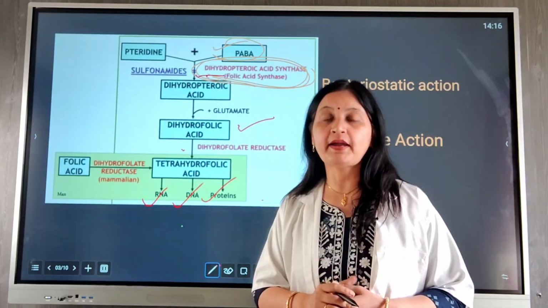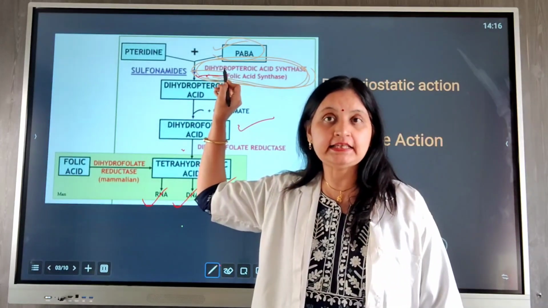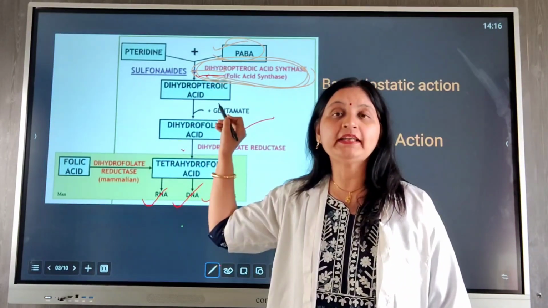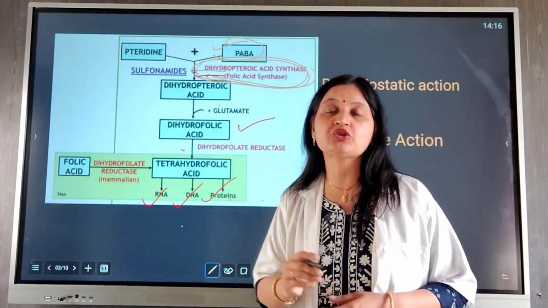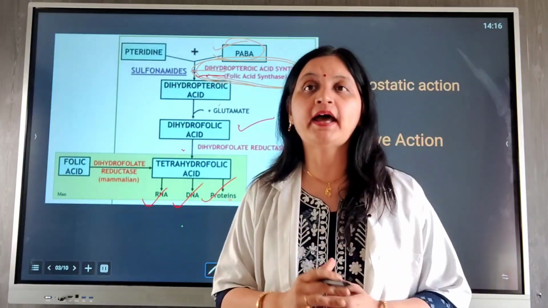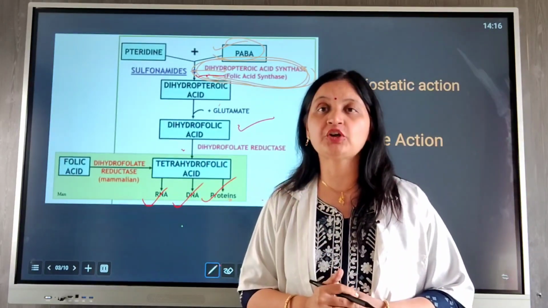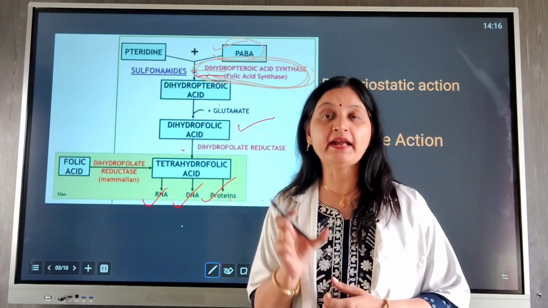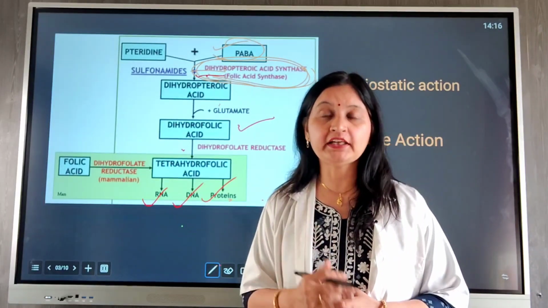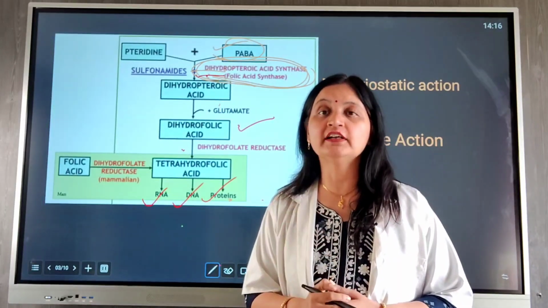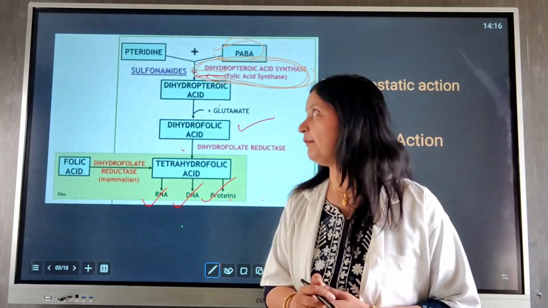So sulfacetamide acts by inhibiting dihydropteroate synthase, inhibiting the folic acid synthesis which is required for growth and multiplication of bacteria, and thereby helps to treat infections by inhibiting the multiplication of bacteria and acting as a bacteriostatic agent, acting against many of the gram-negative organisms, and most of the gram-positive organisms are inhibited by sulfacetamide.